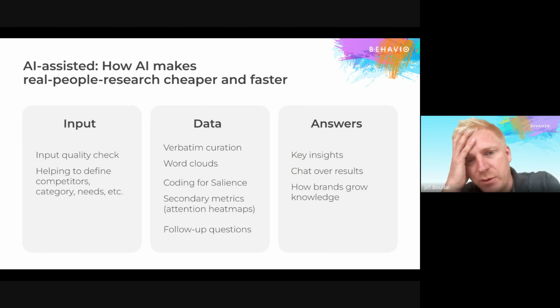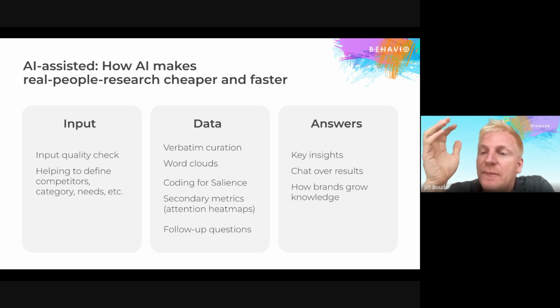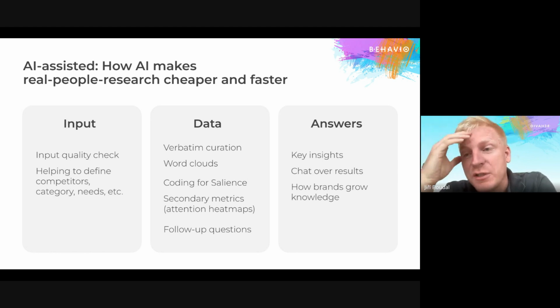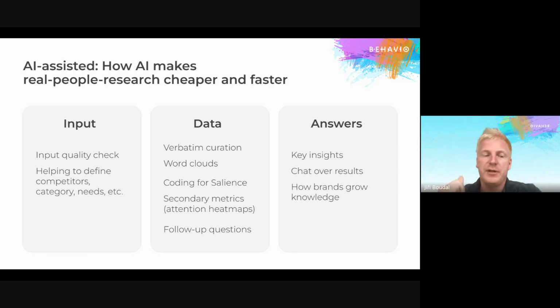What we do right now in our tools with AI is three parts. You can use AI in the input for the data, then for the analysis, and also for the answers. For example, brand salience is an open question, which has been super time consuming and costly to get.